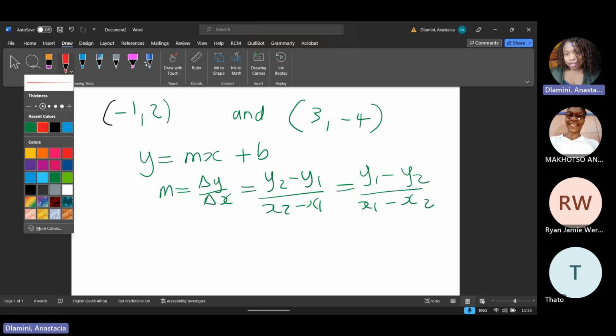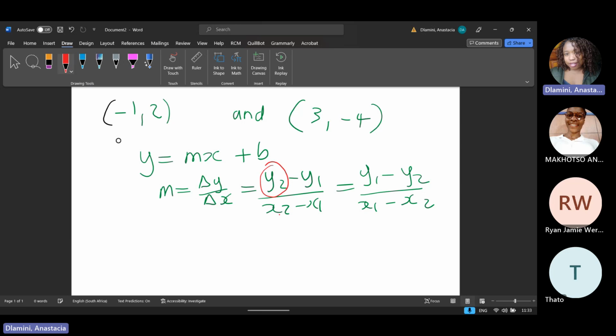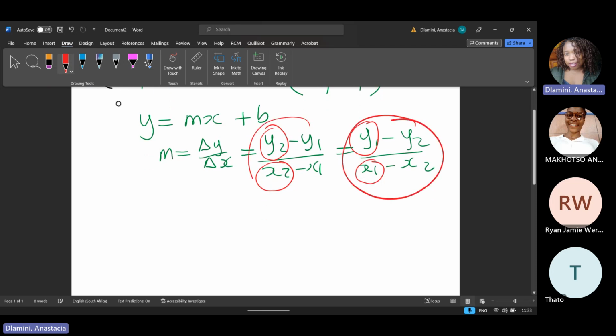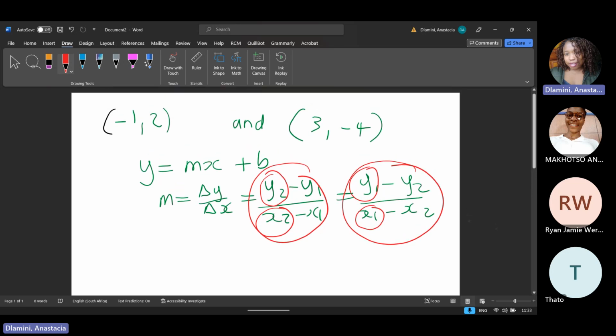Remember, do not make a mistake. If you started with y2 at the top, you also have to start with x2 at the bottom. If you started with y1, you also have to start with x1. So these two will give you the exact same answer.